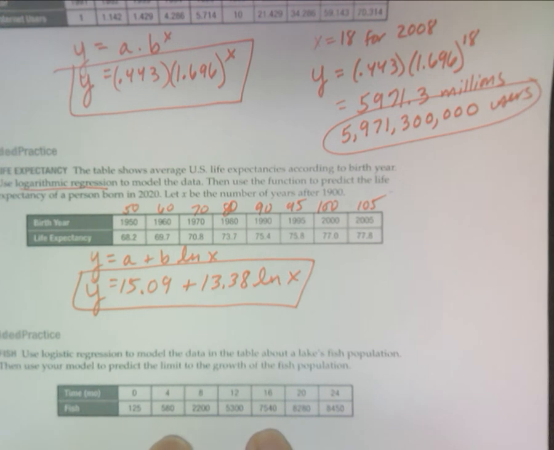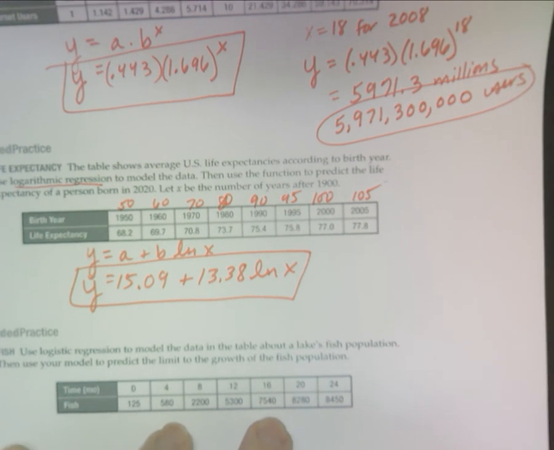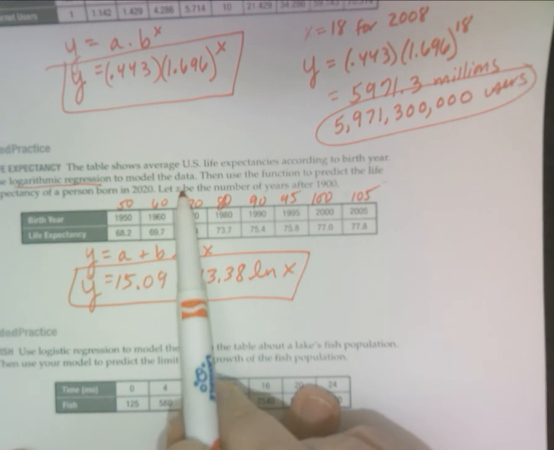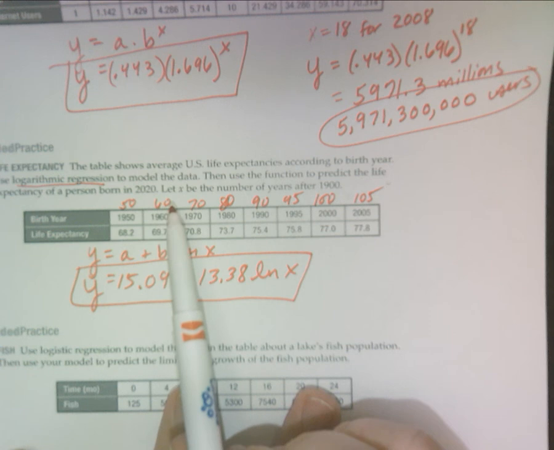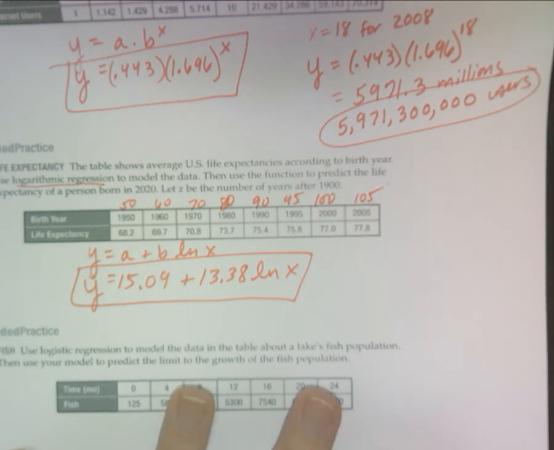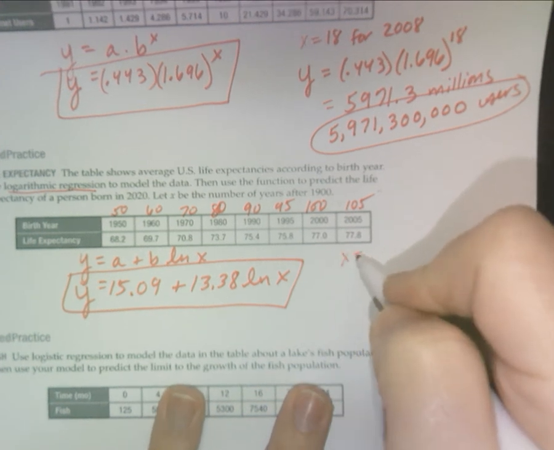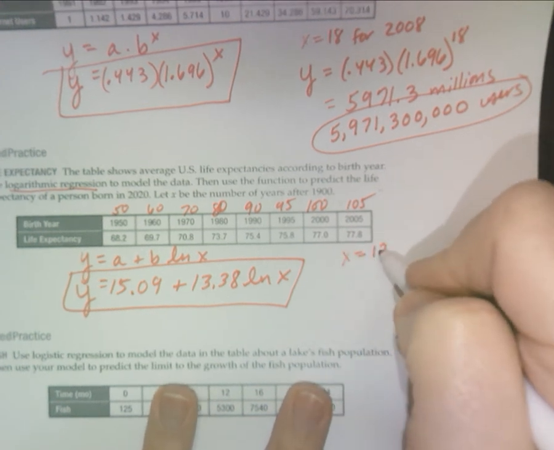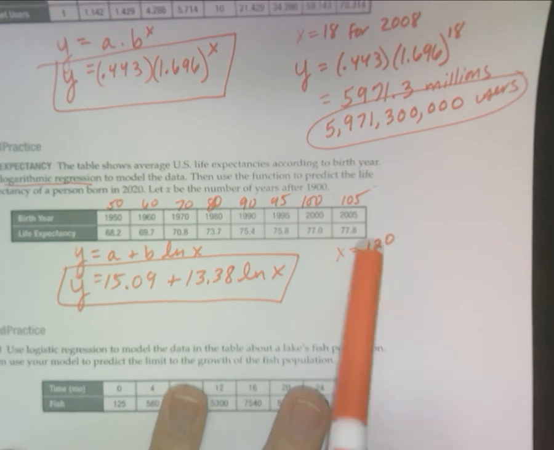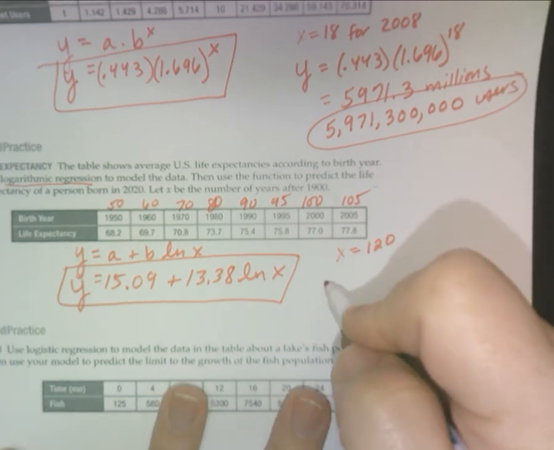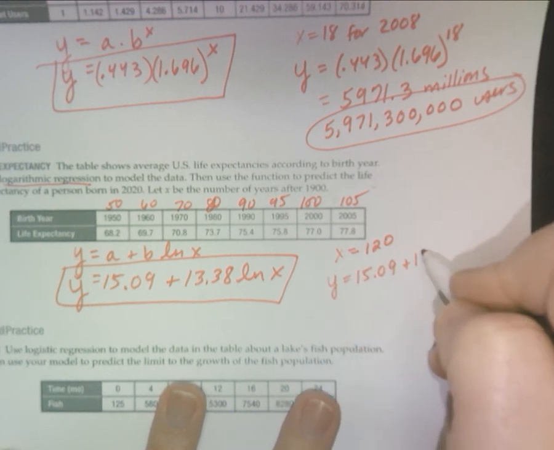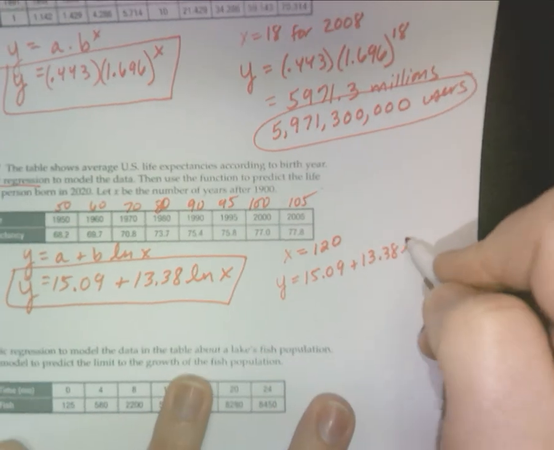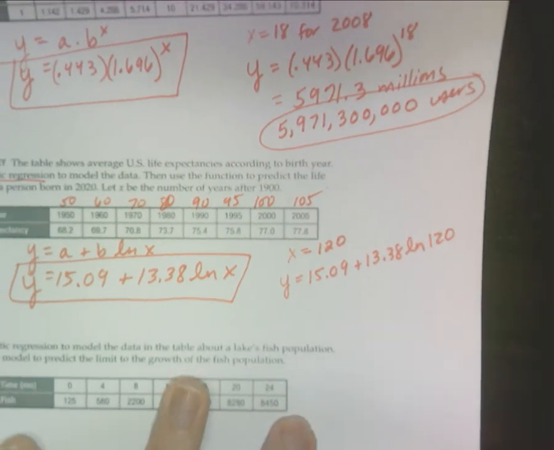All right. So now we're going to predict it for a person born in 2020. So how many years after 1900 is that? So let x be 120 years after. So we would say y equals 15.09 plus 13.38 ln of 120.